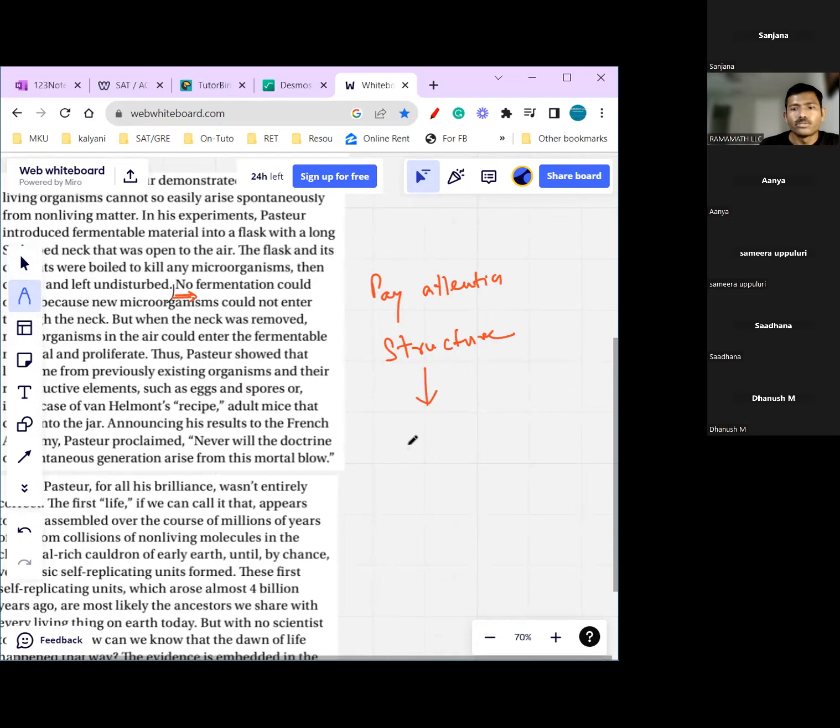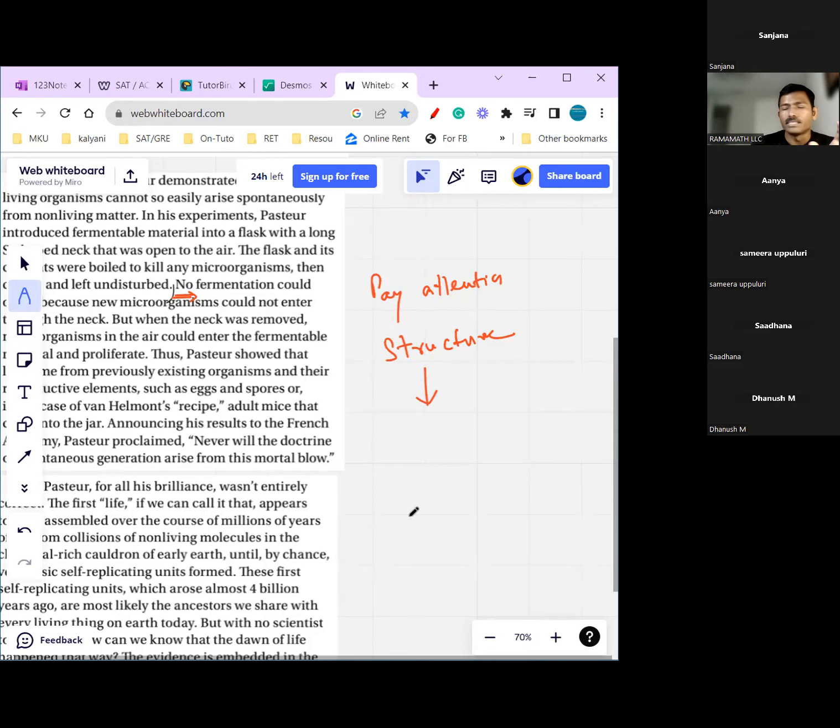In other words, each paragraph, how is it serving the main or central idea? As you read through the passage, at first you will have some idea: what is this passage about?